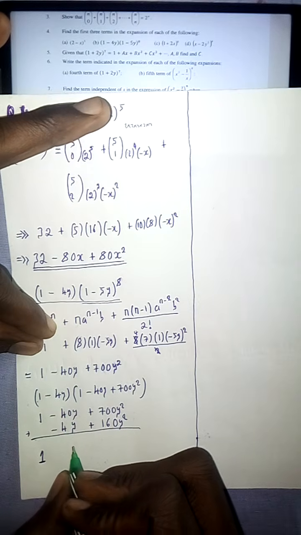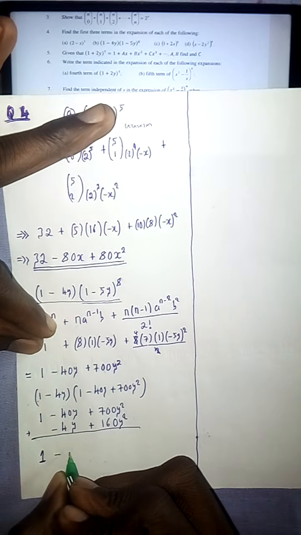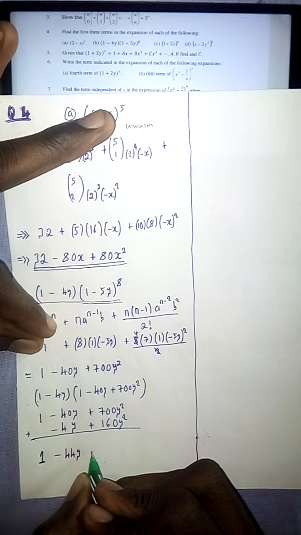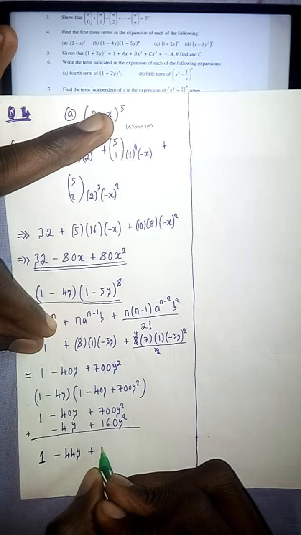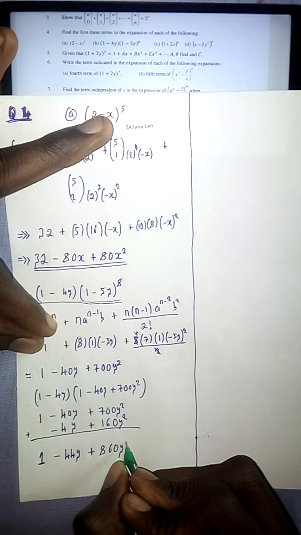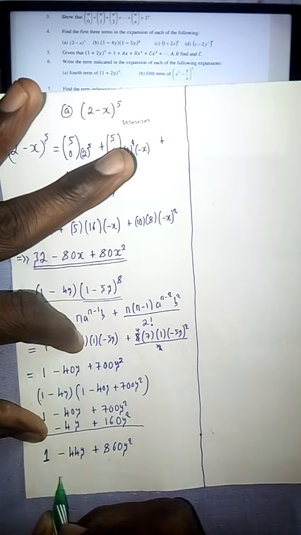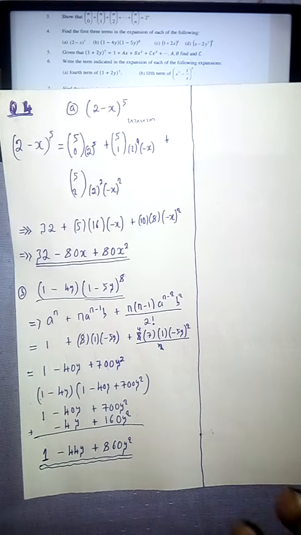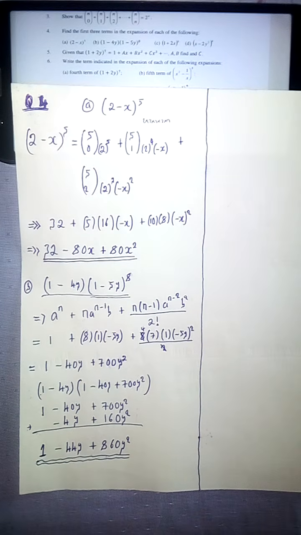Negative 40 plus negative 4 is negative 44y. 700 plus 160 is 860y squared. Therefore, this is our answer. This is our final answer for part B, guys.